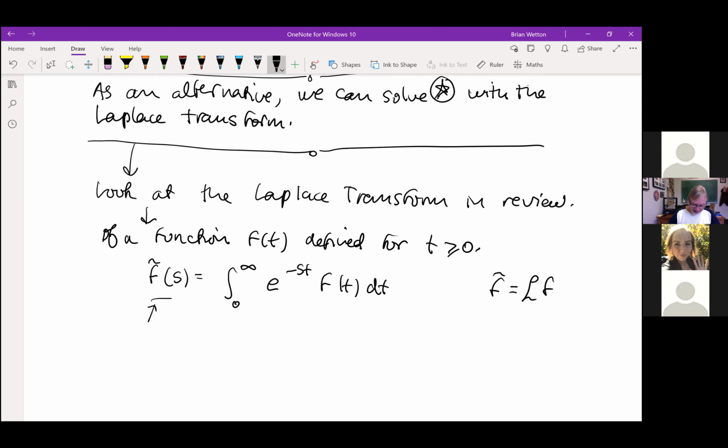And the way to think of it, which will come up later, is to think of s as a complex variable.